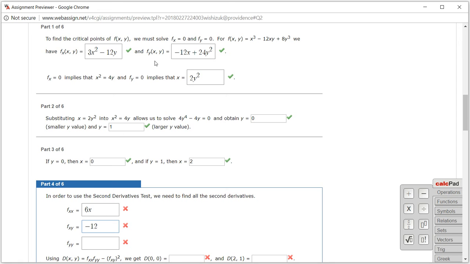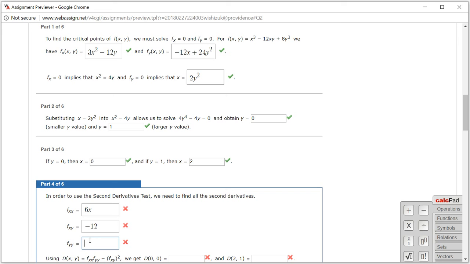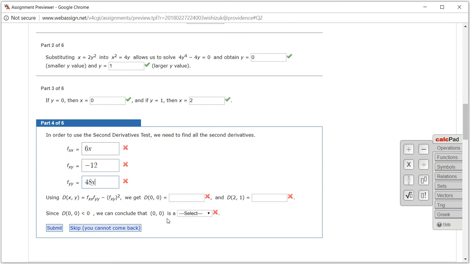And the partial with respect to y again, so that's 48y. Then if you plug in 0, that's going to be 0, and times negative 12, that's going to be 0.